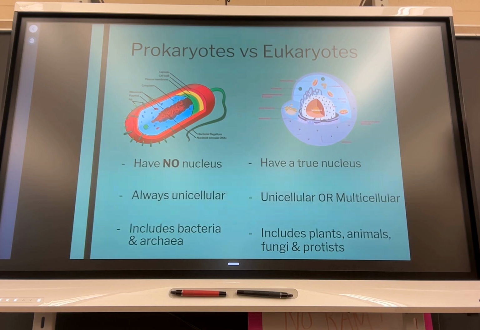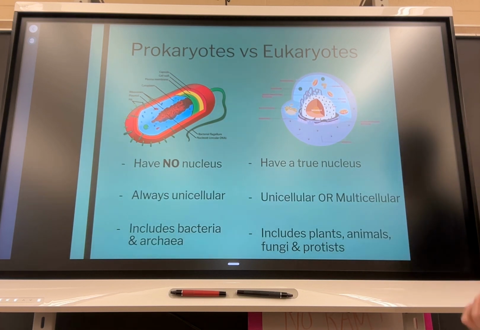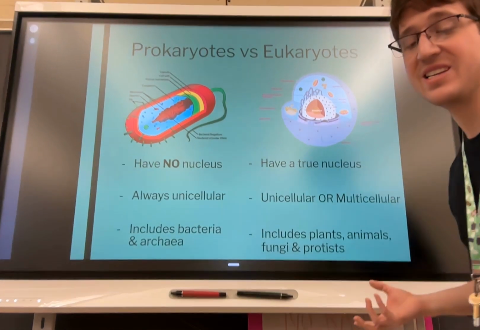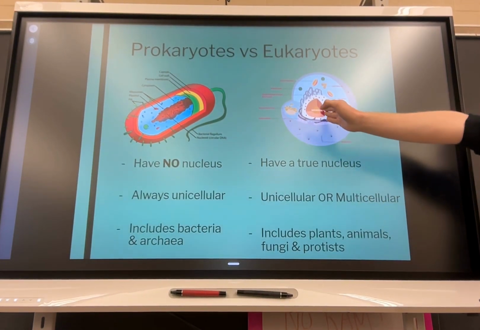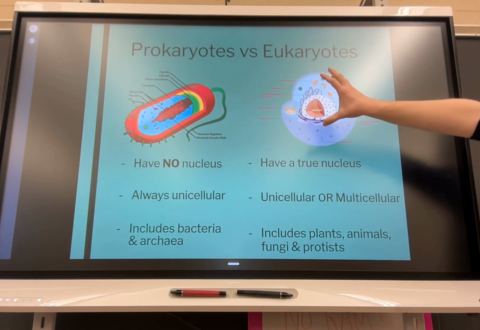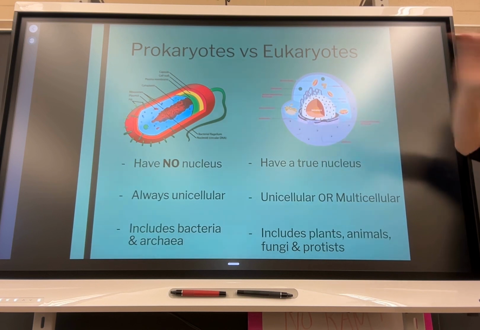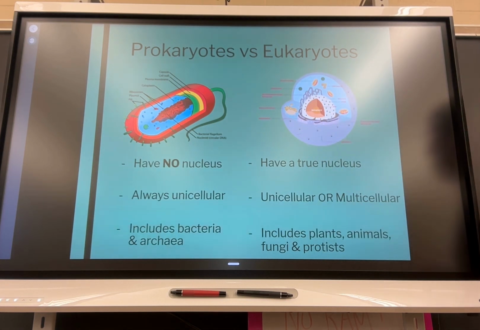And eukaryotes can exist both as unicellular organisms and multicellular organisms. And the trick with them is that they do have a nucleus. So you can see in the middle here, this large, kind of looks like a wiffle ball to me, is the nucleus, and that is where we are going to store all of our DNA.